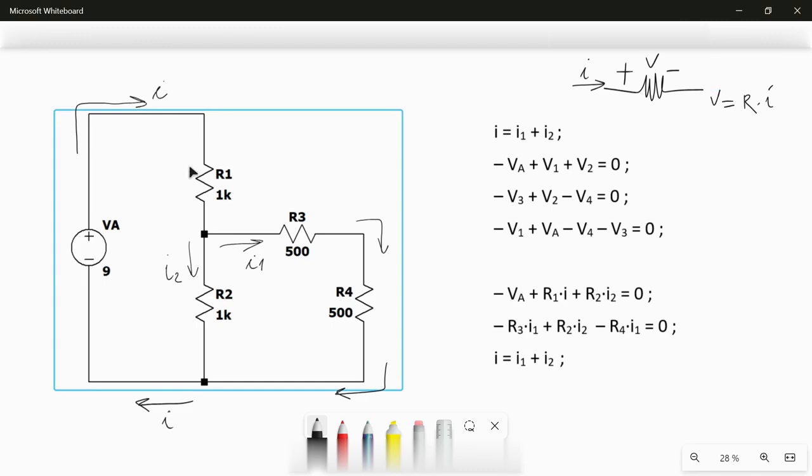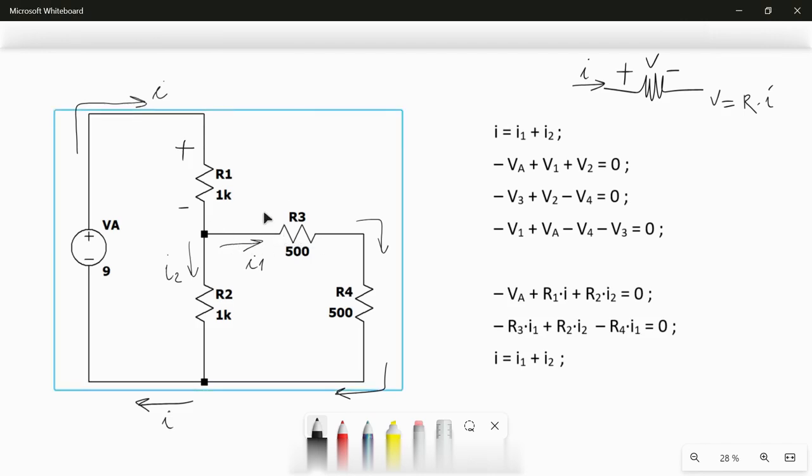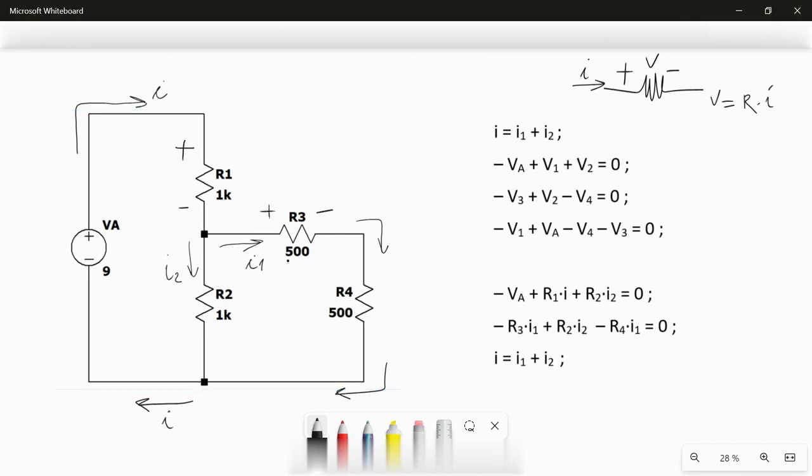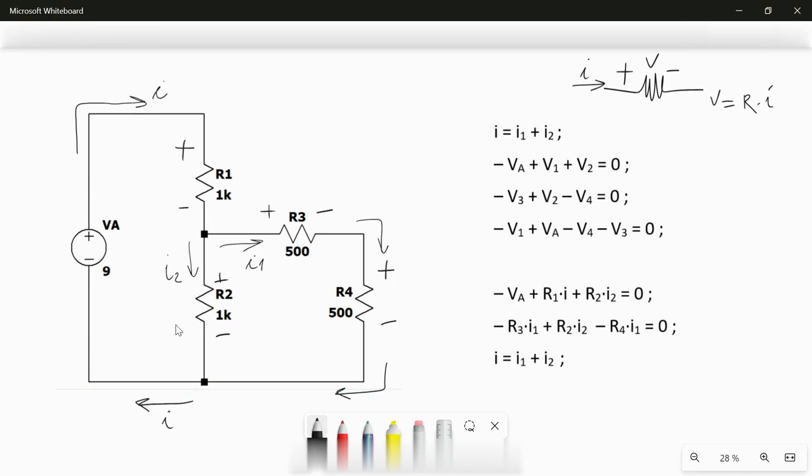So I will have here a voltage drop on R1 with this sign, plus where the arrows enter the resistor. Then on this branch, I will have a plus here and a minus here. Here, same. And finally on R2, I will have a plus here and minus here, because of the current direction in each resistor.